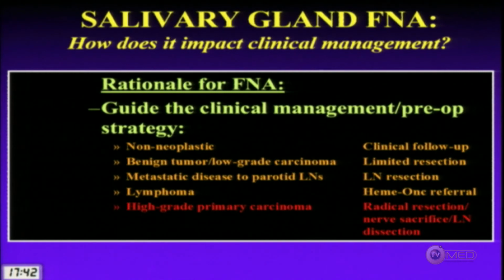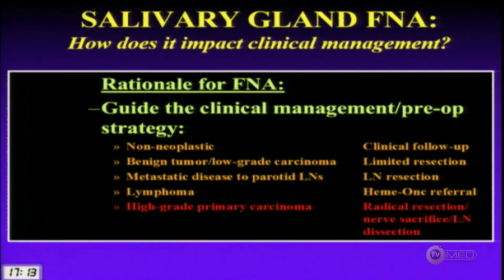In contrast to these, if we make a diagnosis on salivary gland FNA of high-grade primary carcinoma of the salivary gland, you don't even need to subclassify it specifically. Is it high-grade mucoepidermoid? Is it salivary duct carcinoma, or one of the other carcinomas? It doesn't matter. If it's high-grade primary carcinoma of the salivary gland, that's going to guide the clinical management.